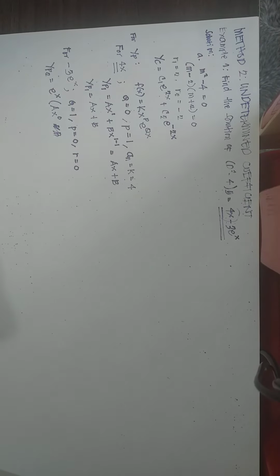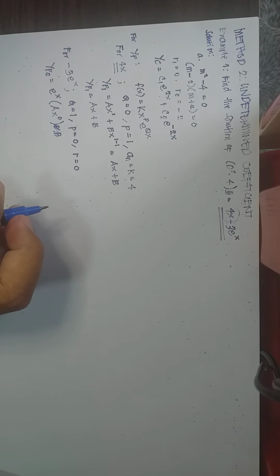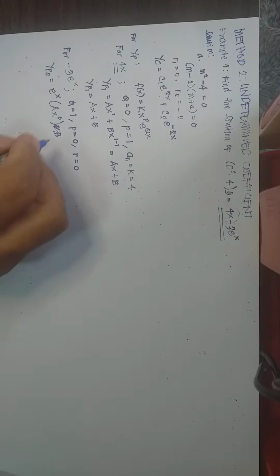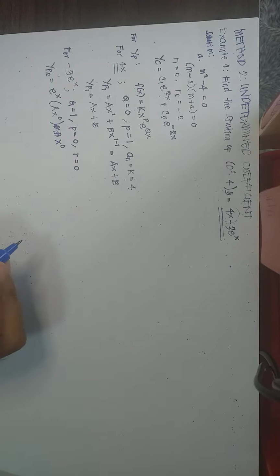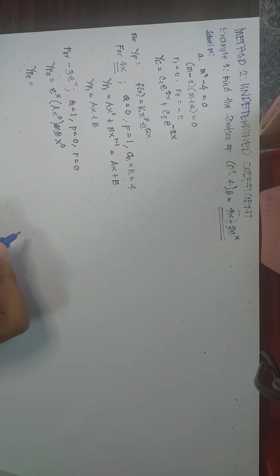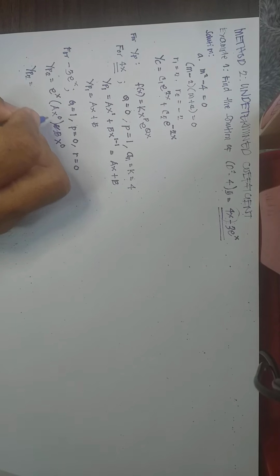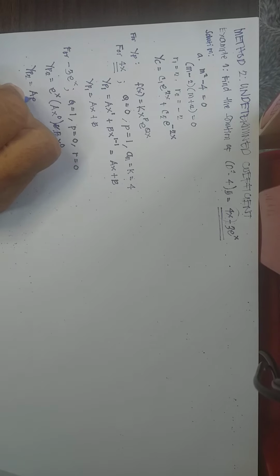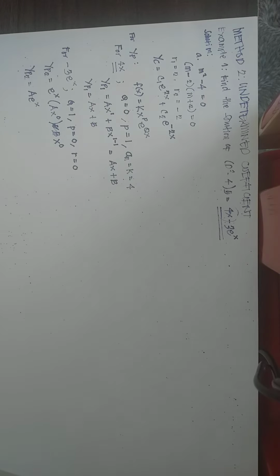Hindi po pwede. Times x raised to r, x raised to 0. Therefore, your yp sub 2 is equal to, x raised to 0 is 1, a e raised to x. That is a e raised to x.